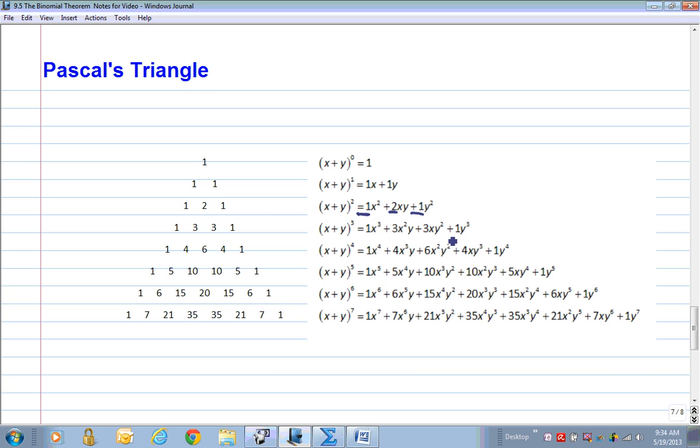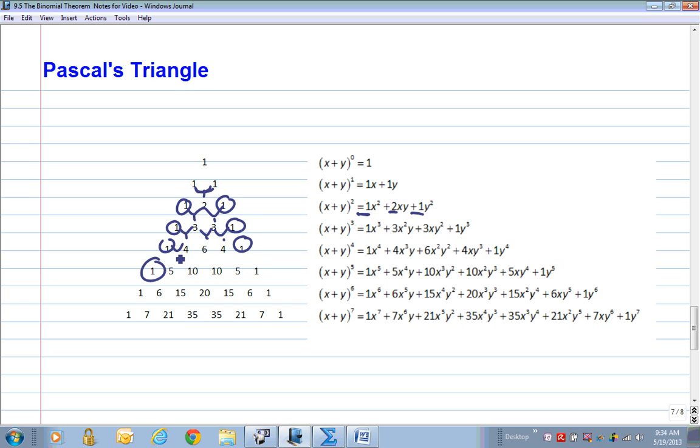The triangle is generated very easily. Always start with 1, and then these two numbers give you 2, and then you end with 1. You start with 1. These two numbers give you 3, these two numbers give you 3, and then you have 1. You start with 1. 1 and 3 give you 4, 3 and 3 give you 6, 3 and 1 give you 4, you end with 1.